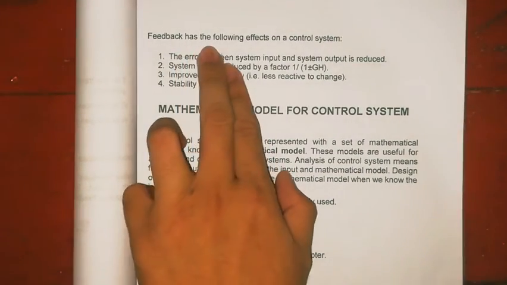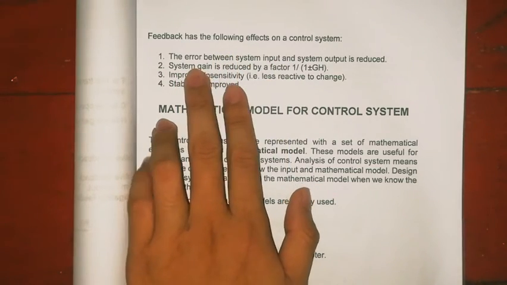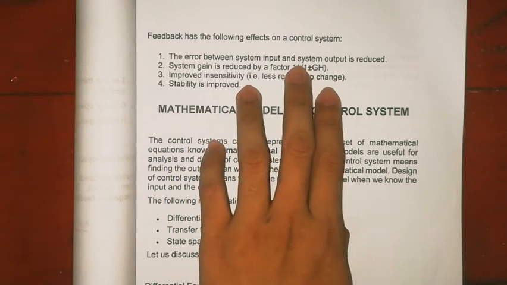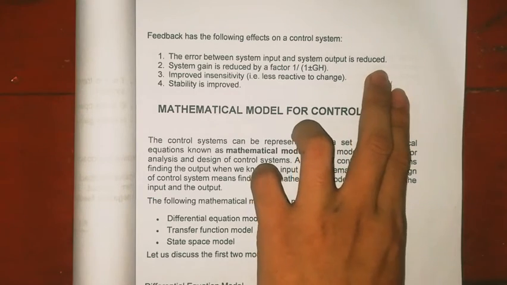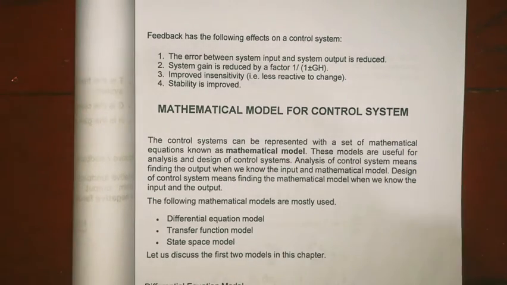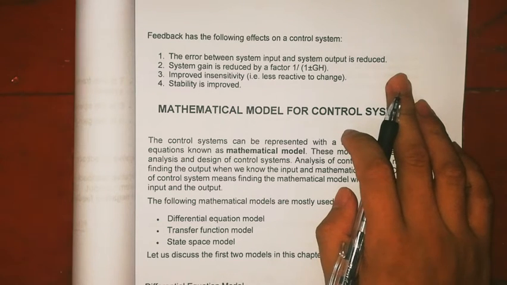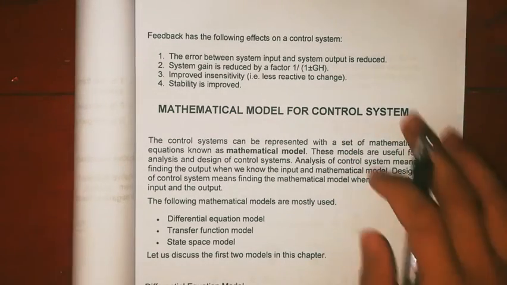So feedback has the following effects on the control system. So error, the error between the system input and the system output is reduced. So dahil sa feedback, na-attain yung desired output. So binabawasan niya yung error.